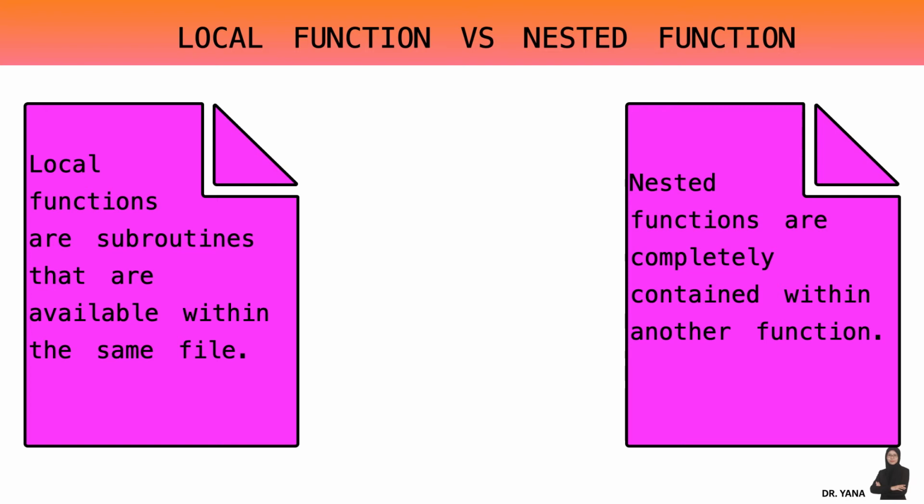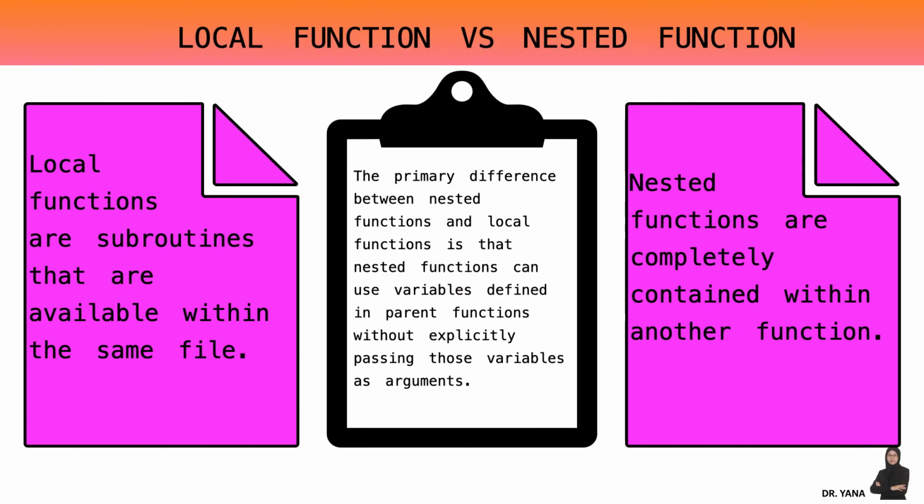So the local function or the main function can have a nested function within that function. The primary difference between the local function and the nested function is that the nested functions can use variables defined in the parent function without explicitly passing those variables as arguments. So that's all about functions that you need to know.